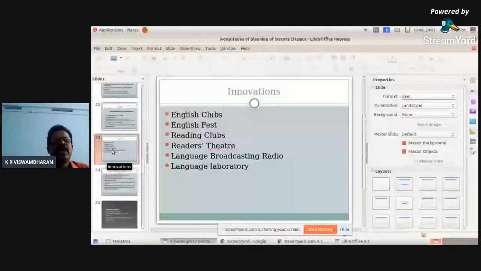Another innovation under language learning is the language laboratory. In all DIETs, there are language labs, and we have familiarized the teachers with the I am Guru application, and they can make use of the language laboratory for developing their own skills.